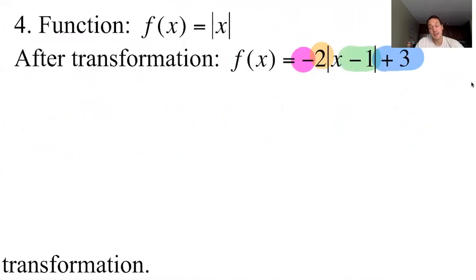Keep in mind, negatives are reflections. Coefficients are stretches or compressions. They are two different transformations. Do not list them as the same thing. You will not say this is a vertical stretch by a factor of -2. This is a reflection over the x-axis.